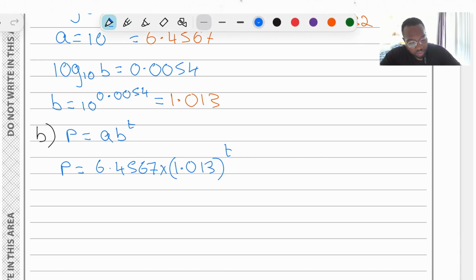Now, what do we know about this? Well, this is like an exponential equation, okay? And we know that in this form, the 6.4567 is the initial value. So with a, we know that that is just the initial value of the population.